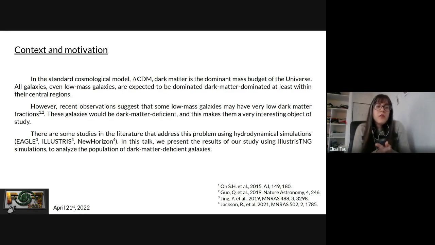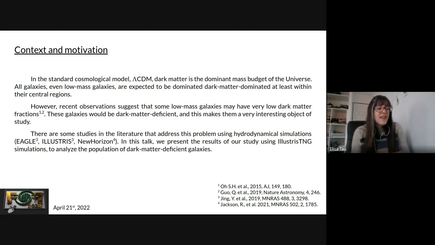Well, as you all know, in the lambda CDM model, the standard cosmological model, the dominant mass budget of the universe is the dark matter. And even low mass galaxies are expected to be dominated by dark matter, at least in their central regions.